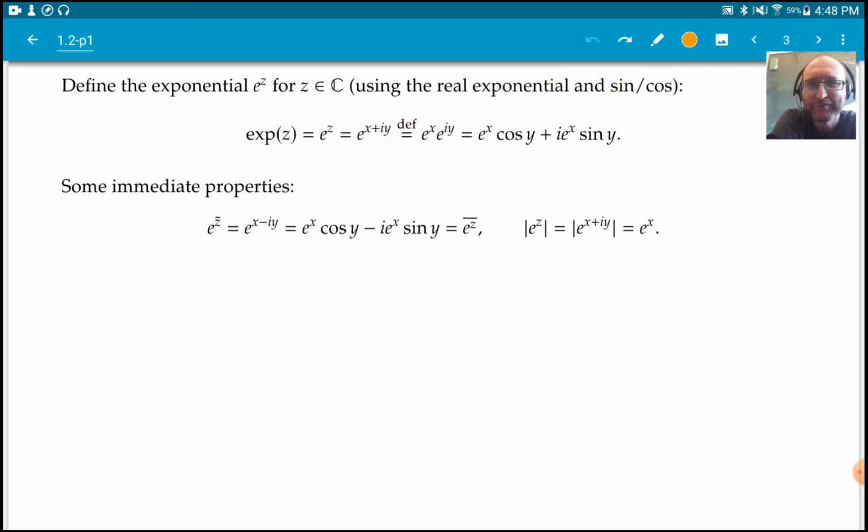All right. So let's look at some immediate properties, just from the definition. Well, we have e to the conjugate of z, so e to the x minus iy.